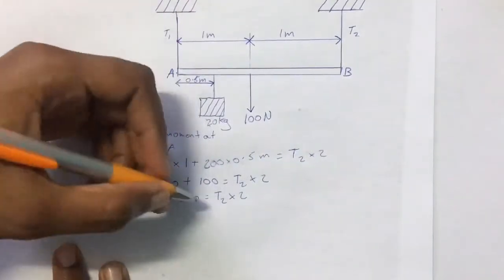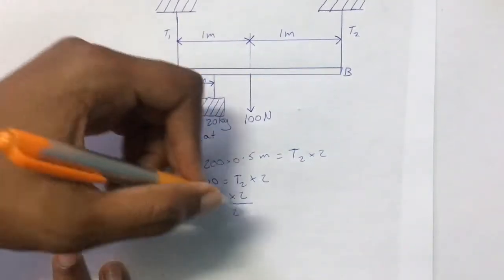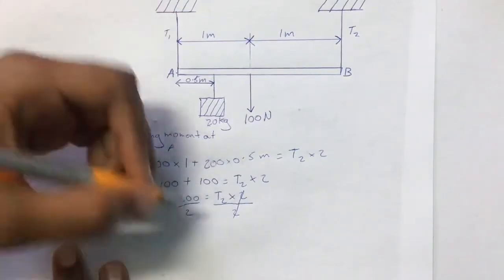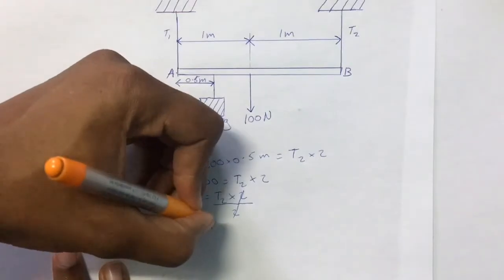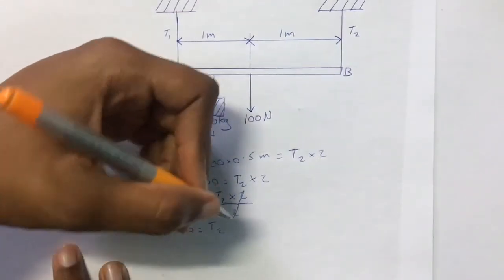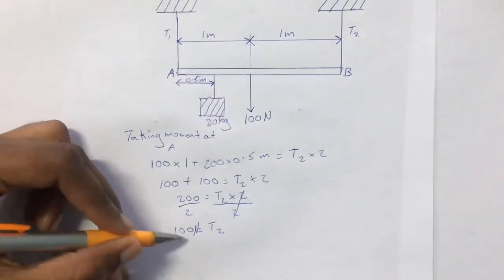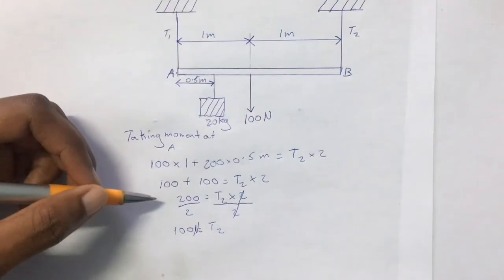We want to get rid of the 2, so we divide both sides by 2. That cancels out, so 200 divided by 2 is 100, and that is equal to T2, and this is in newtons. So T2 is actually equal to 100 newtons.